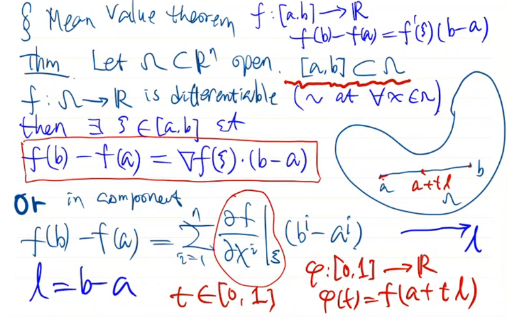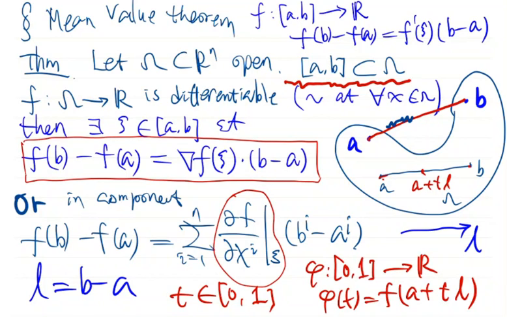Well, if our A is here and our B is here, then some part of the segment joining A and B lies outside our omega. In this case, we could not define this function phi.